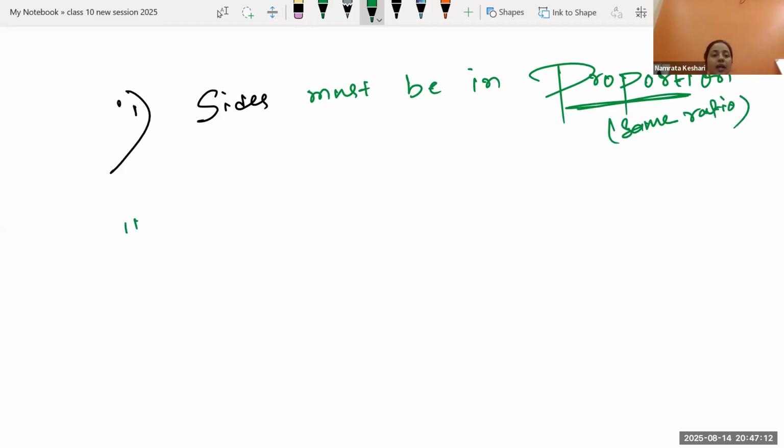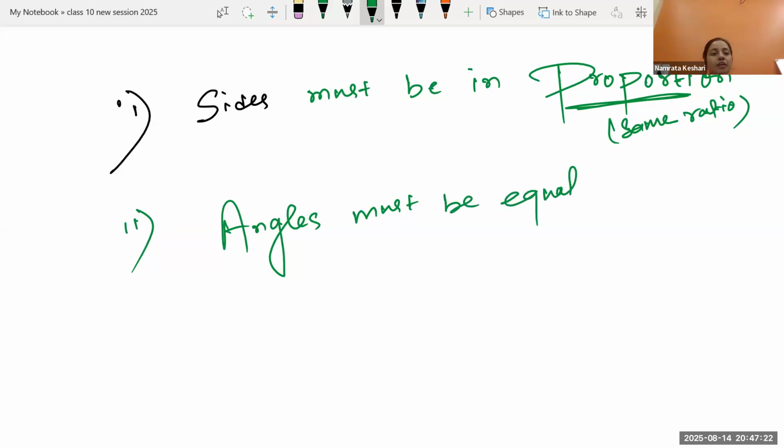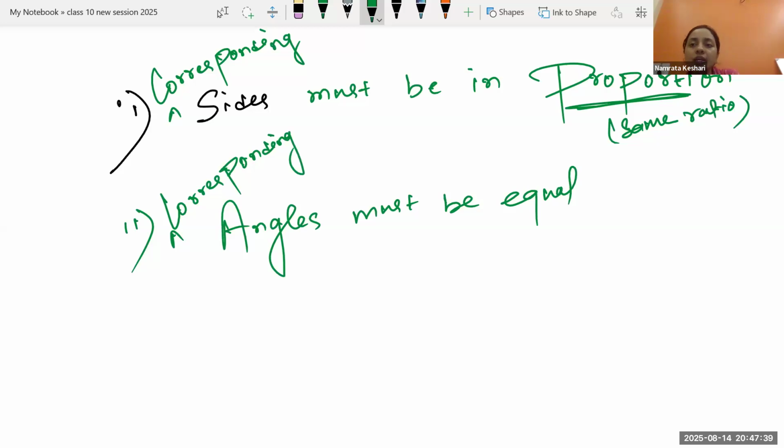And angles must be same. Clear? Better we write corresponding sides must be in proportion. Corresponding angles must be equal. Clear? So far, any confusion? Anyone?